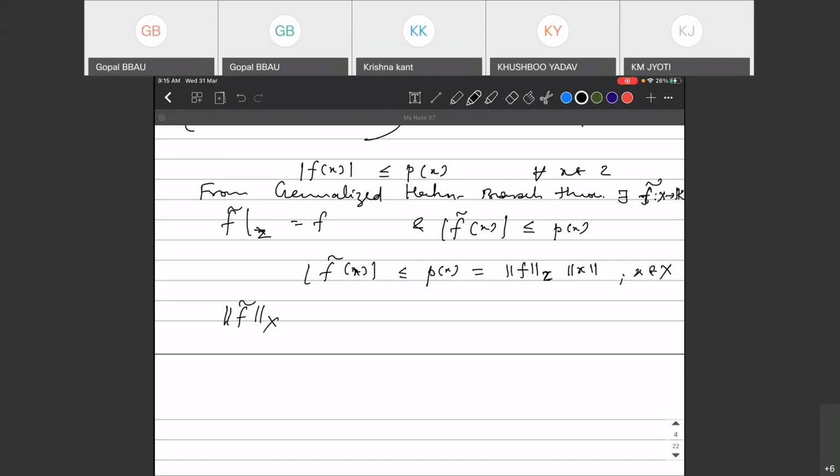So you all know what is the norm of f tilde. The norm of f tilde is, by definition, the supremum over all x in X of norm f tilde x.